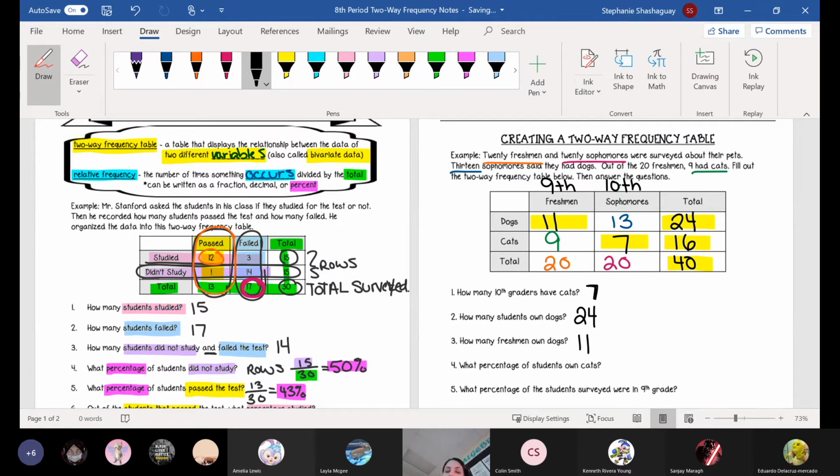What percentage of students own cats? So cats total is 16. So 16 out of 40, and we're looking for that percentage. 16 out of 40 is going to be equal to 40%.